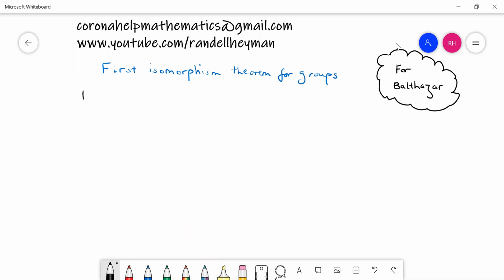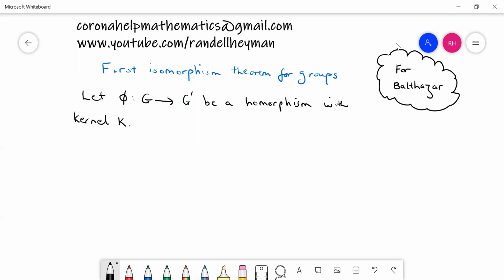Let phi, which goes from a group G to G dash, another group, be a homomorphism with kernel K. Let's just stop right there and talk about this.